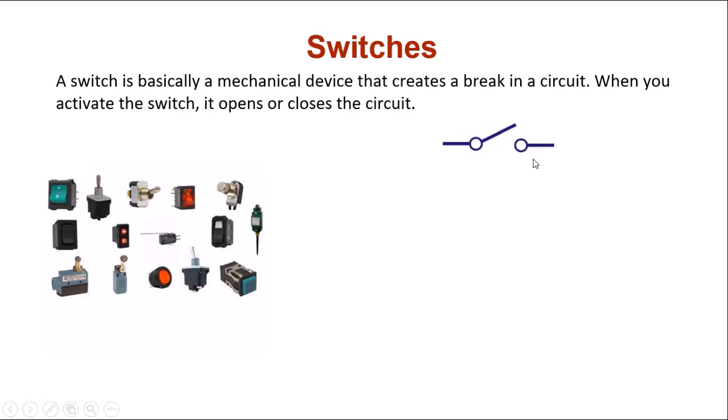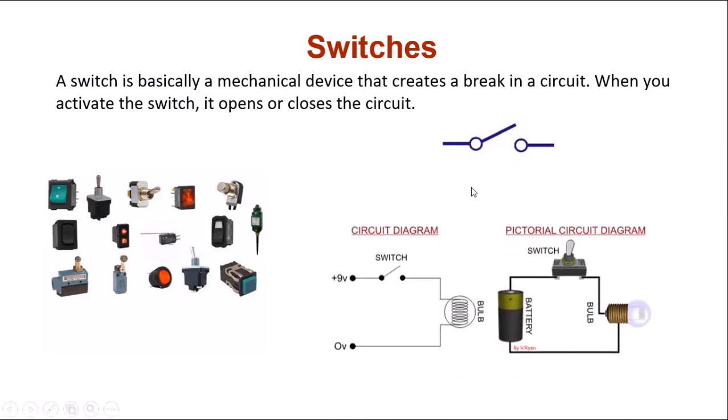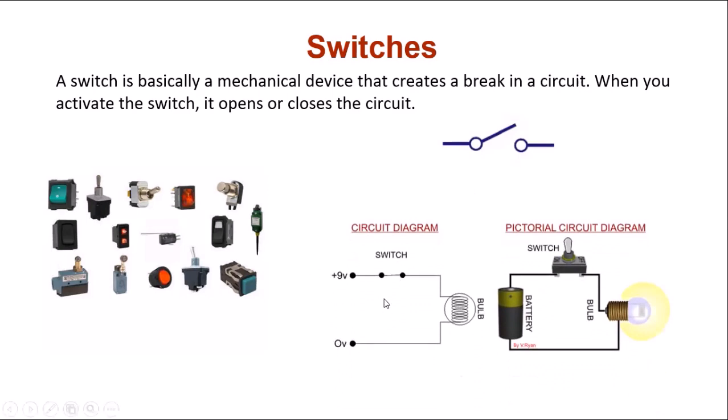Whenever a switch is open, the current cannot flow, because we know that in an open circuit no current flows. So your fan or bulb or anything you are keeping will be in off condition. When it changes and goes down, the switch will be on, and the circuit will be in closed condition.